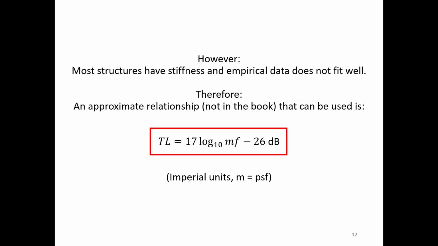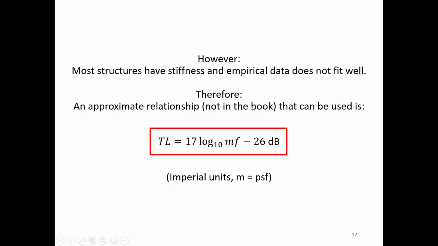If you're doing a problem and you know that this assembly has some stiffness, then maybe it's better to go to this one. But if you end up using that one from the book, you're not going to lose a bunch of points. But it'd always be good to put some statement about that into your assumptions.